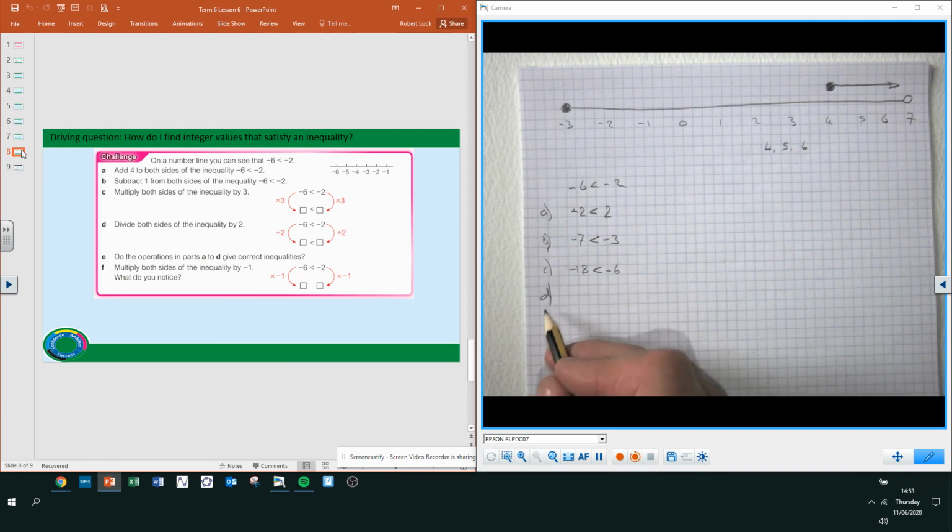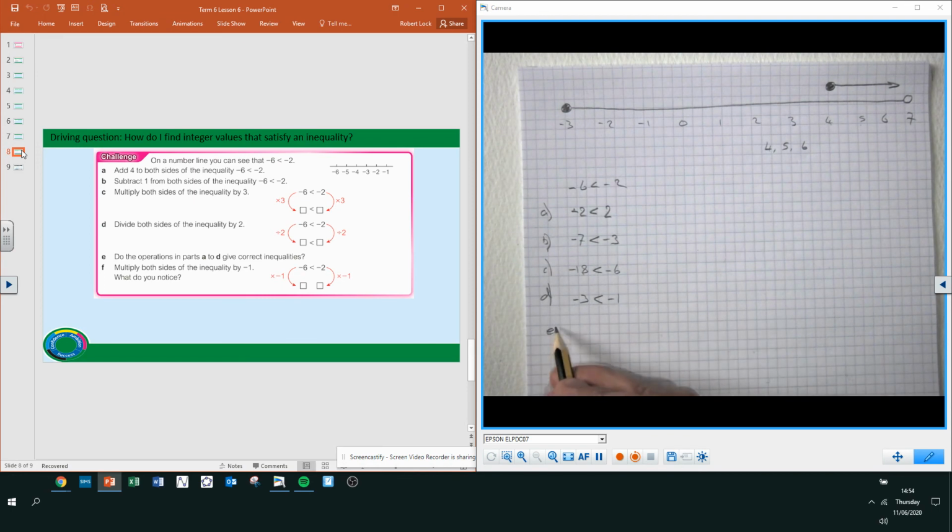D, divide both sides by 2. Minus 6 divided by 2 is minus 3, and minus 2 divided by 2 is minus 1. So minus 3 again is smaller than minus 1.